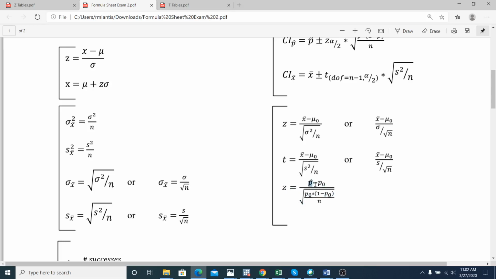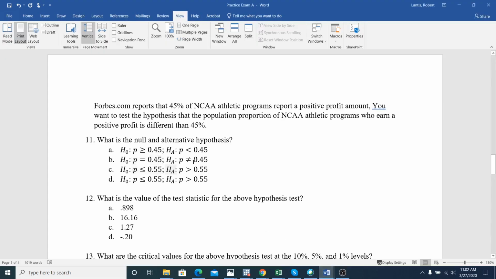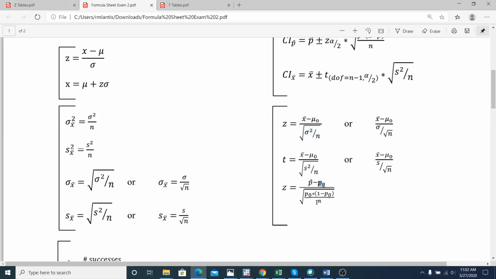If I'm looking at proportions, standard normal or z-tables, right? So I've got my sample proportion I found of 0.55. The value I'm assuming it was equal to was 0.45. And my sample size was 40 schools. So once I plug those values in, it's pretty easy to get my test statistic. Okay?